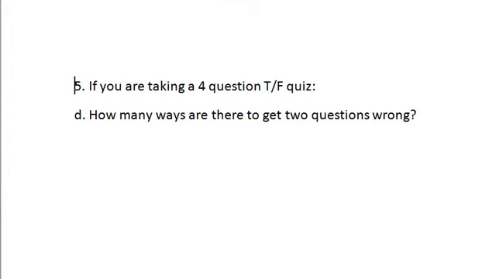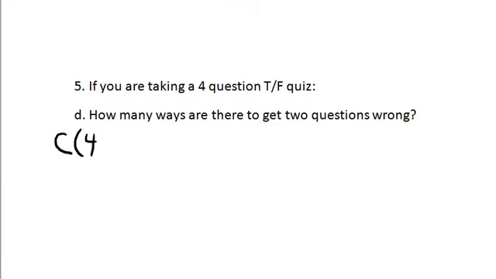Now this is what I was talking about earlier when I said it's really better to think about this as a combination. If you think of the question numbers 1, 2, 3, 4 being written on a piece of paper, put into a bowl, this time you want to draw out 2. You don't care what order you draw them out in, because whichever 2 you select from that bowl are going to be counted wrong. So it's a combination.